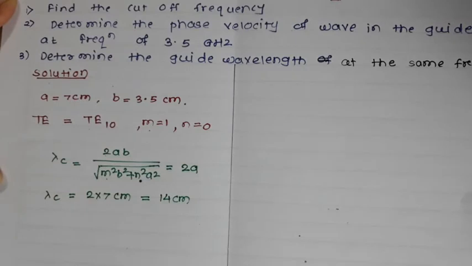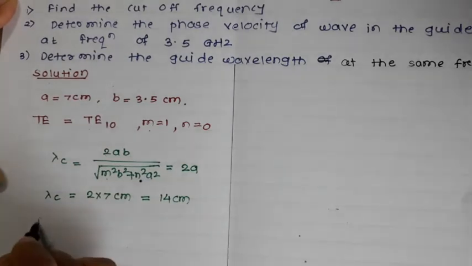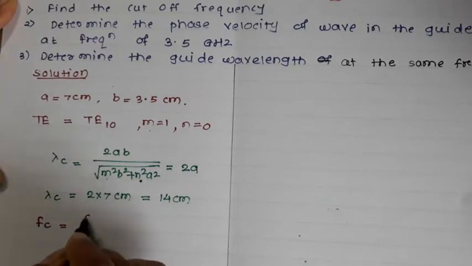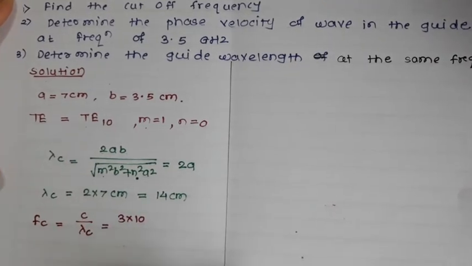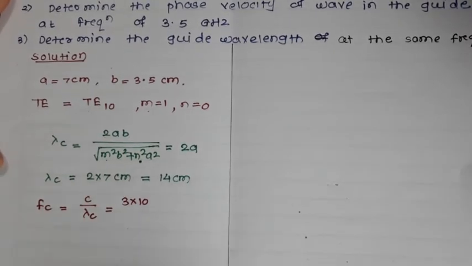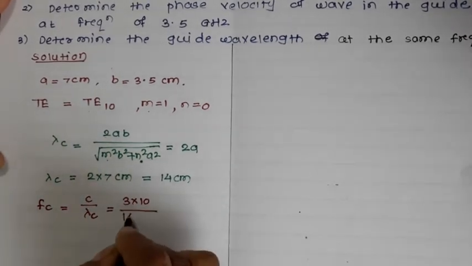As I know lambda c now, can I calculate the fc? Obviously yes. So fc is nothing but c by lambda c. So c is the velocity of light. As my lambda c is in centimeter, I'll put the value of velocity of light in centimeter only. So divided by 14 centimeter.